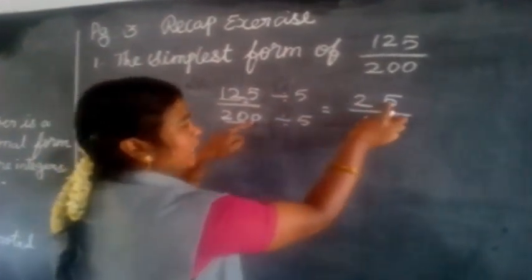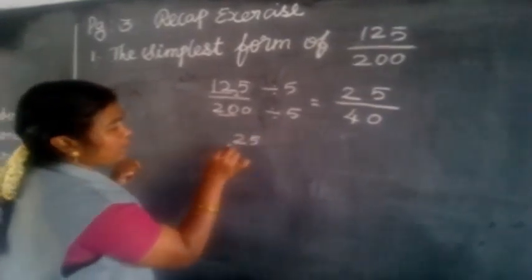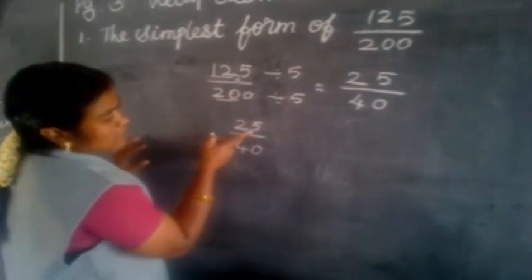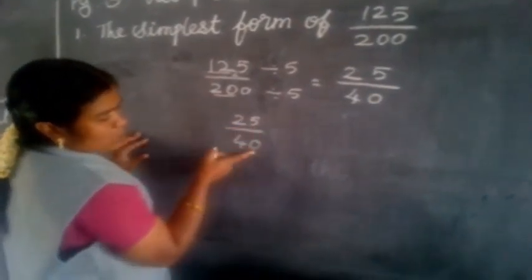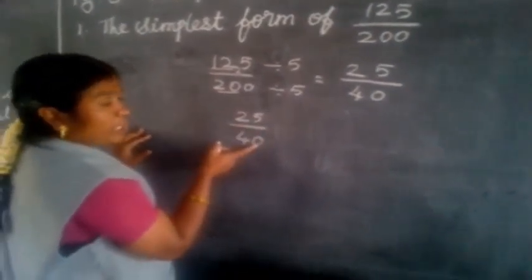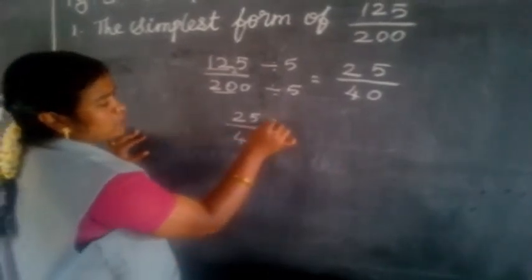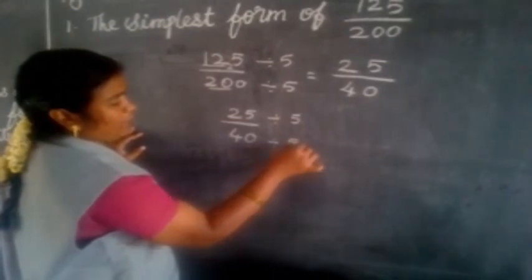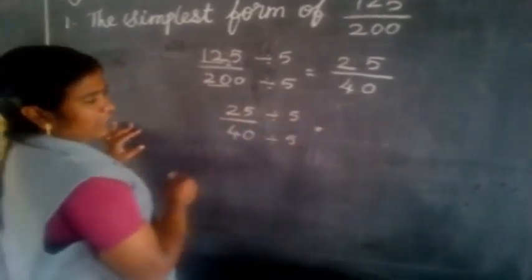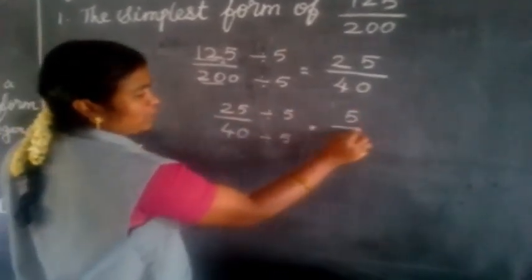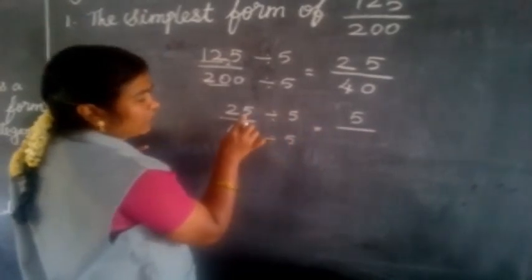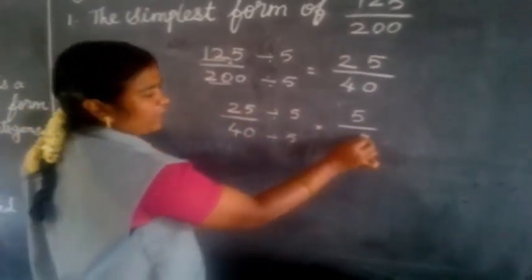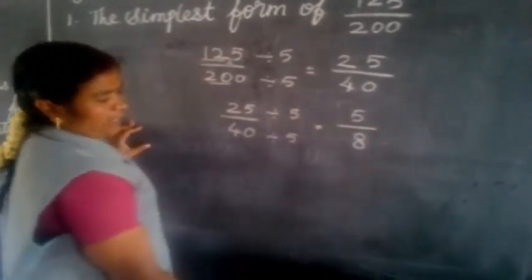Next we get 25 by 40. This is not simplified because the last digits are 5 and 0. So once again we are able to divide by 5. So this is divided by 5 and this is also divided by 5. 5 5s are 25. 8 5s are 40.